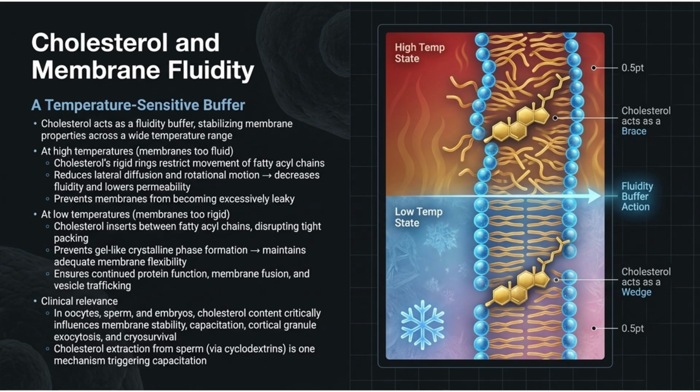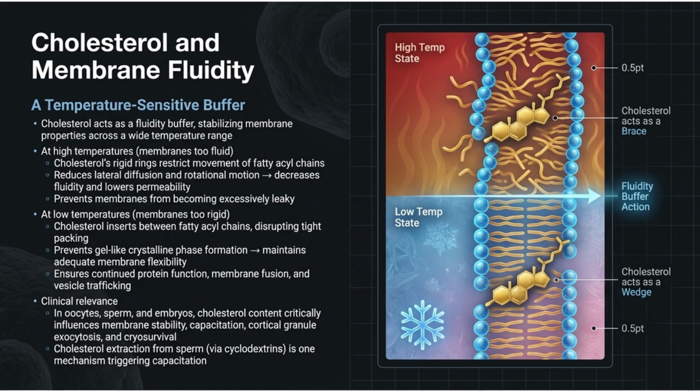Consider what happens to a membrane when temperature rises. At high temperatures, the fatty acid chains of phospholipids gain kinetic energy and move more vigorously. They flex, rotate, and diffuse laterally with greater freedom. The membrane becomes excessively fluid and permeable. Left unchecked, this could cause proteins to lose their functional conformations, disrupt signaling microdomains, and allow ions and molecules to leak across the bilayer inappropriately.